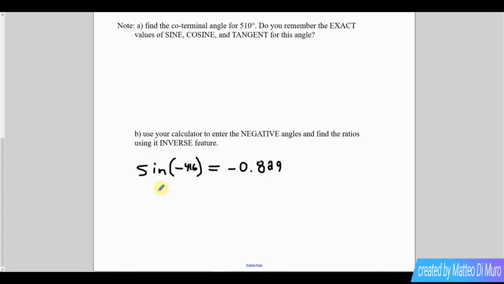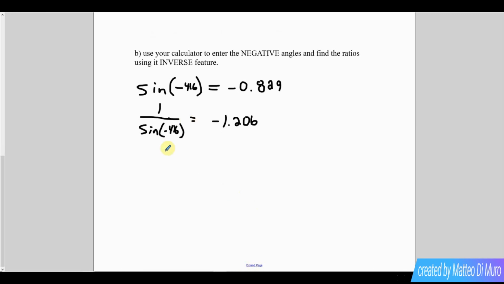You actually can find cosecant by going 1 over sine. Some of your calculators might have a cosecant button, so you could go ahead and use that button, or you could just type in that. If you do that, and you should try it because you never know, you might have to do it, that's what you should get, negative 1.206.